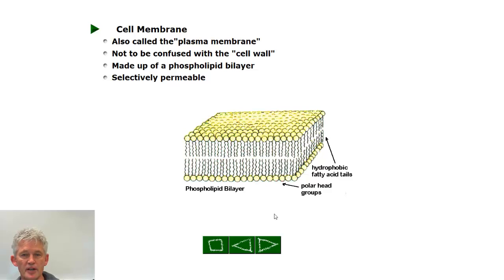Both ends were hydrophilic because they're facing water. Hydro, water, philios, love. They love water. These are hydrophobic, the tails, because they hate water. They are afraid of water, and so they are lipid soluble. And the key here is that the cell membrane is selectively permeable. It decides what can enter a cell and what can't.